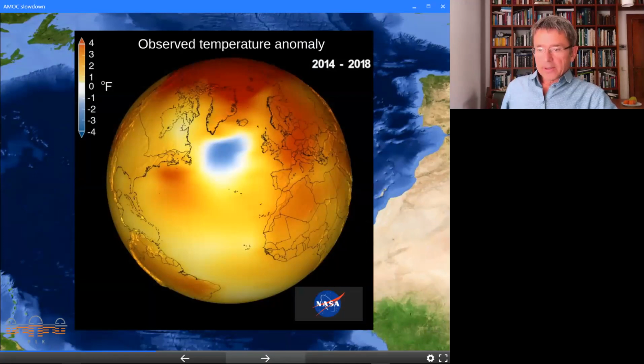This is a recent figure by NASA made last year showing the observed temperature anomaly from the 5 years 2014 to 2018. And it's just another very striking image of the cold blob as it is now known.